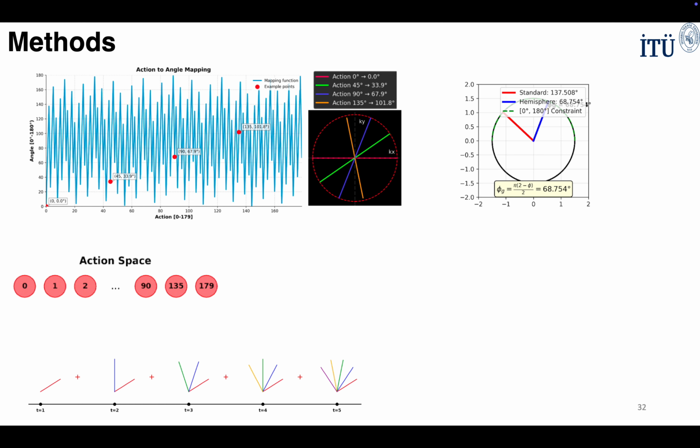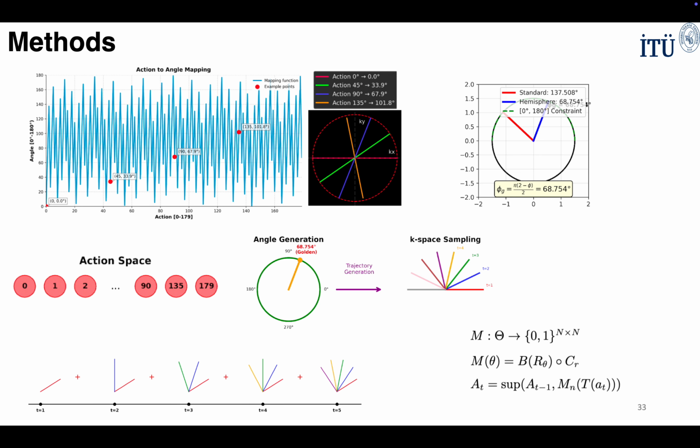Each trajectory represents a learned sampling pattern, demonstrating how our agent discovers diverse but effective radial configurations. Finally, our k-space sampling follows the mathematical formulation M(theta) and A_t. This ensures systematic coverage while allowing for adaptive optimization based on the current reconstruction state.